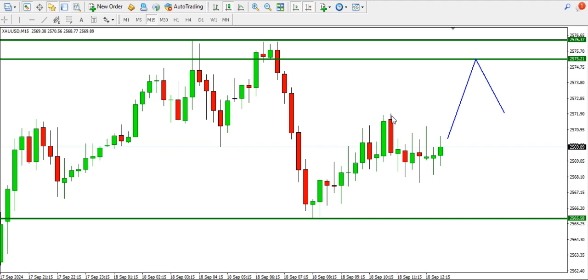A test of this resistance level might possibly see price push up towards the top to break this particular resistance area.